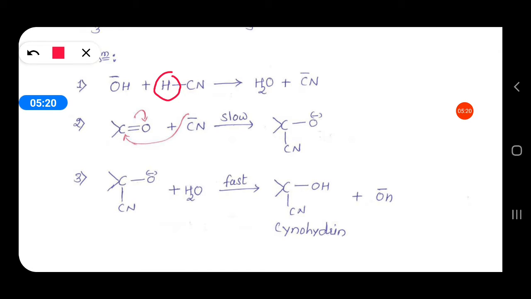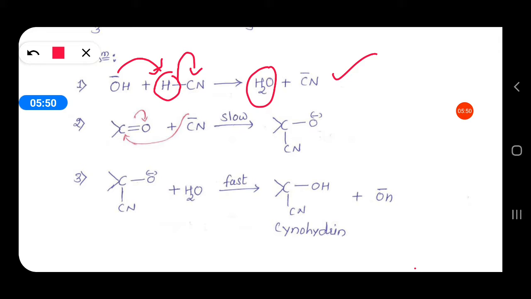As CN is more electronegative, the electrons of the C-H bond are shifted to carbon, and the base takes this proton and becomes H2O. So a nucleophile is generated. The first step is generation of a nucleophile, in the presence of a base.